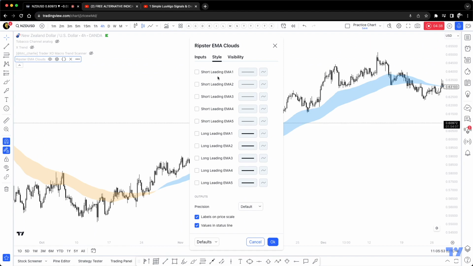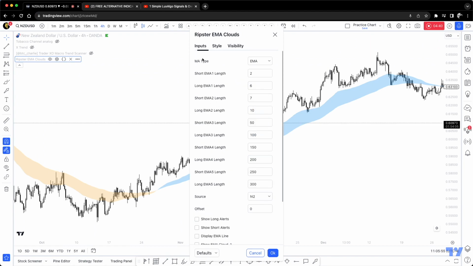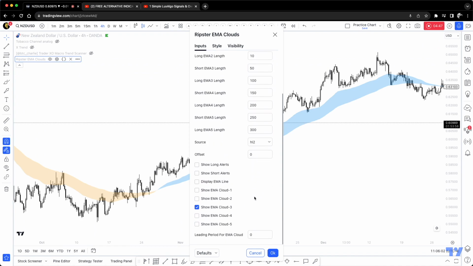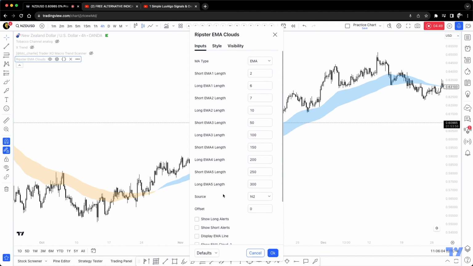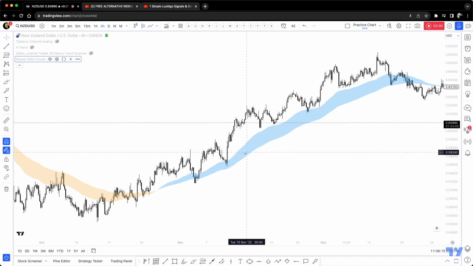On style, I have it like that; I uncheck them all. And on inputs, these are the settings I'm currently using. If you want, pause the video to copy the same settings, or take a screenshot and save it. The only thing I haven't been able to manage is the color. It doesn't look like you can change the actual color in the settings.